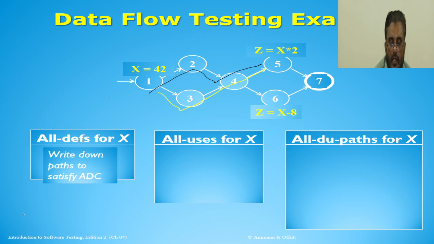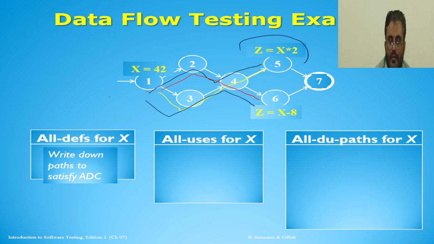Then I have a path that takes me to this use, and then I have a path that takes me to this use. So I have 4 du-paths, and I want to get to all the uses. And if I think about the top one, I can get here by means of 1, 2, 4, 5 and 1, 3, 4, 5.